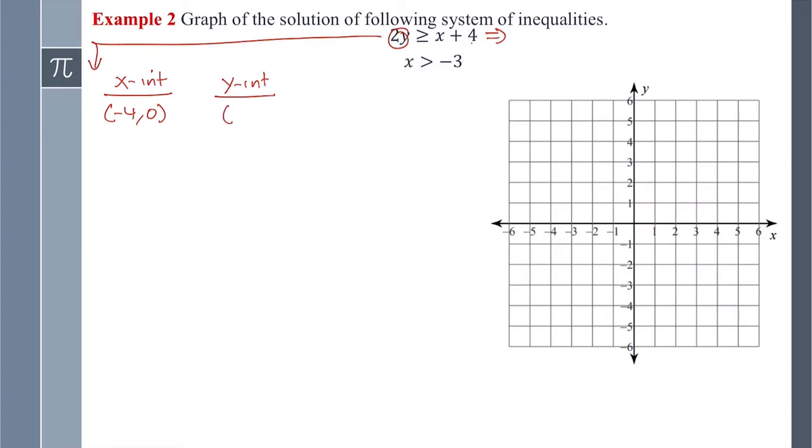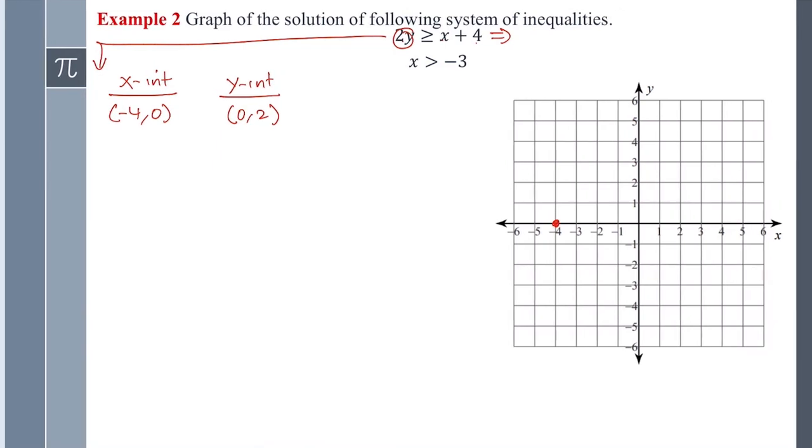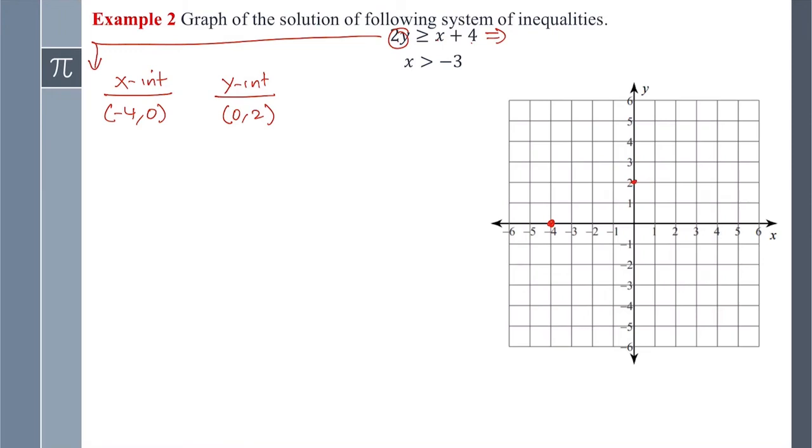So the y-intercept is 0 comma 2. So for the first line, negative 4 is the x-intercept and 2 is the y-intercept. Okay, and then let's draw the line going through these 2 points. So yeah, that's how it's going to look.